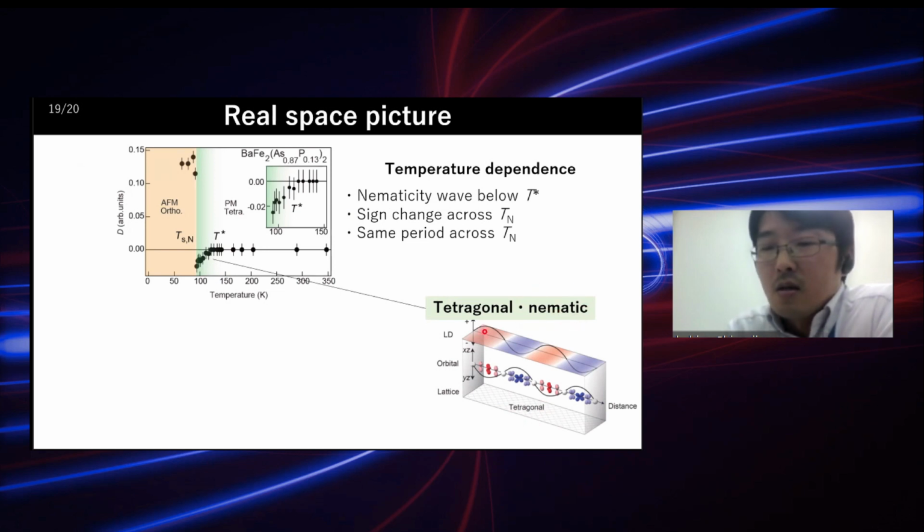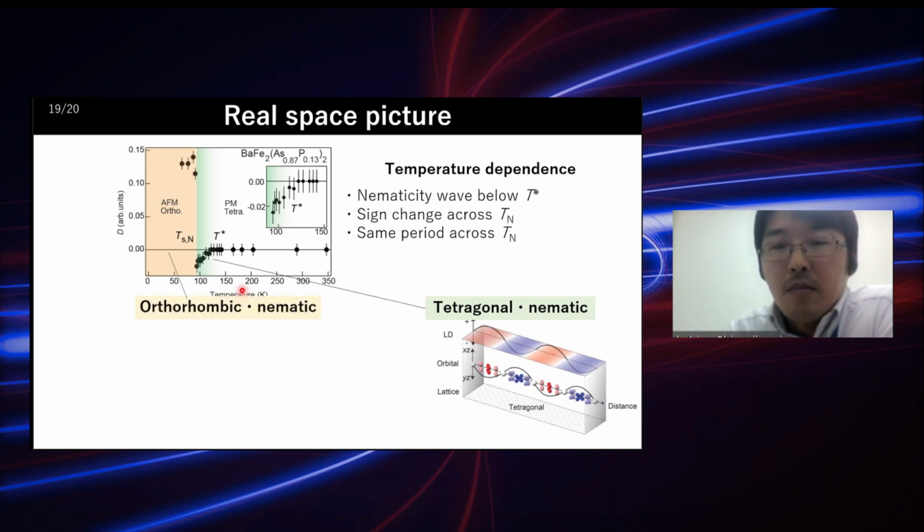So this picture shows the LD patterns coming from the orbital polarizations of YZ and XZ electrons, and in this case the lattice is tetragonal. But I expect that there are some local distortions in the tetragonal lattice, so such distortion can trigger such electronic orbital polarization.